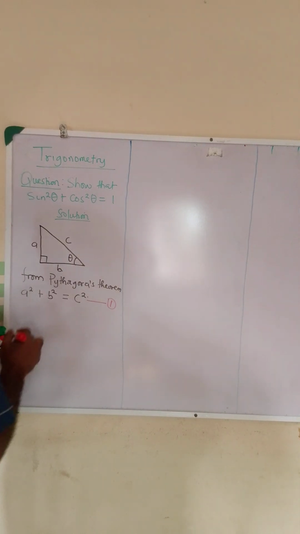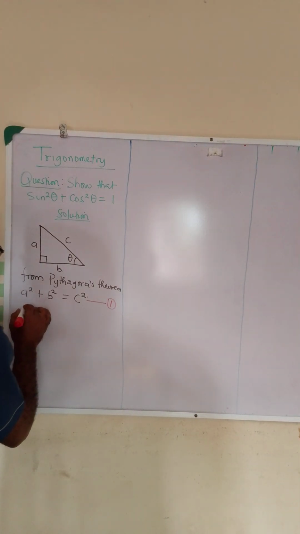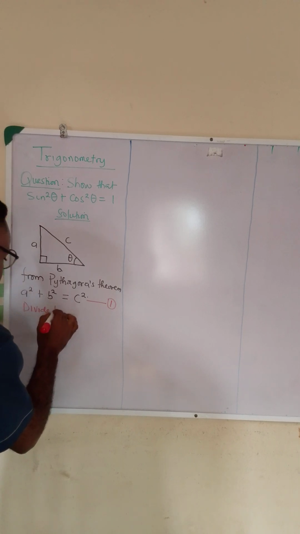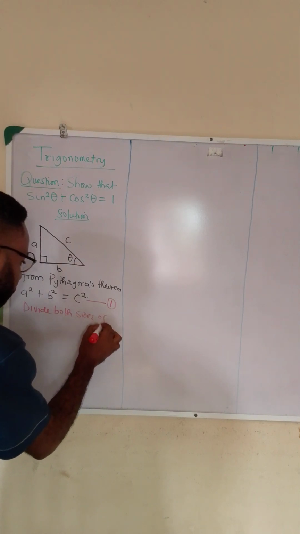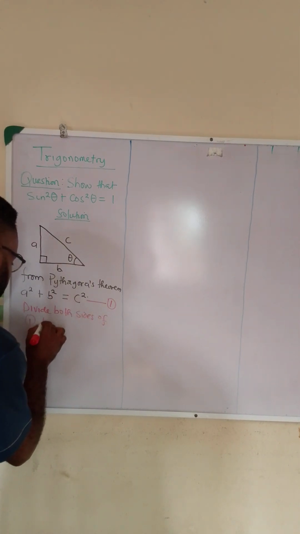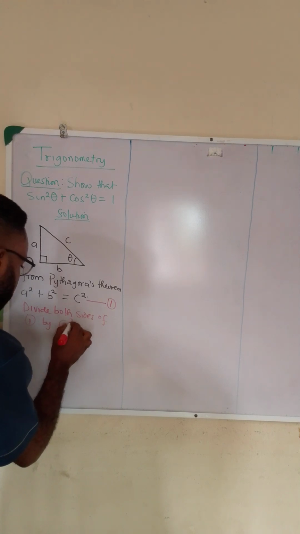So from our equation 1, we divide both sides of equation 1 by C square.